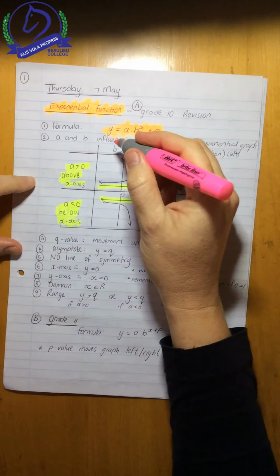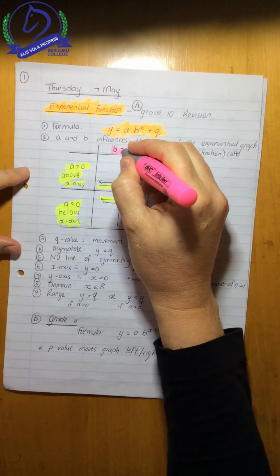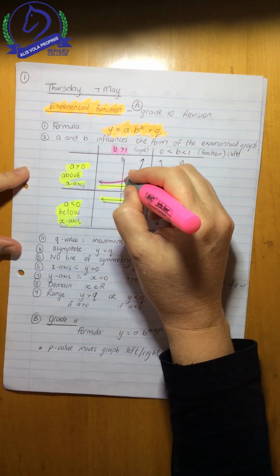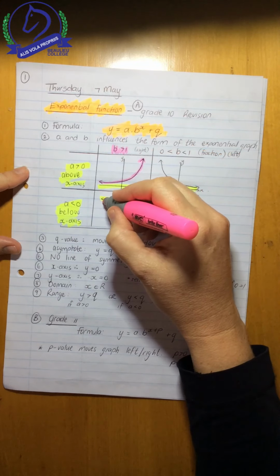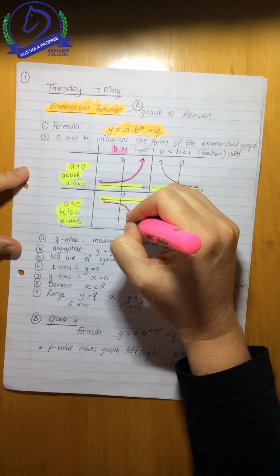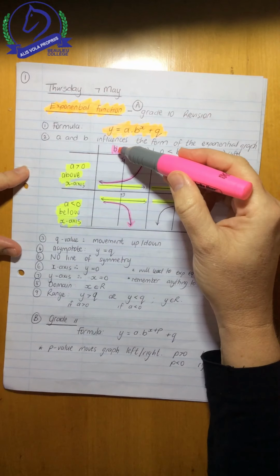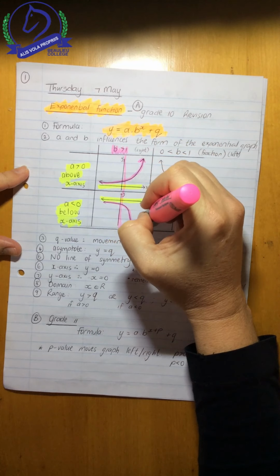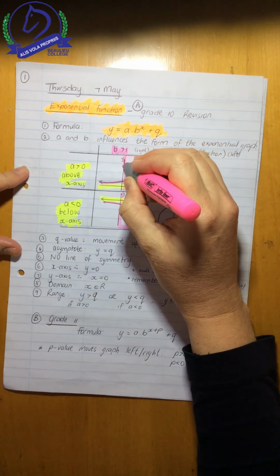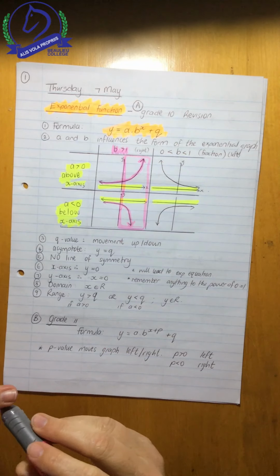Now, if b is greater than 1, it means that it will either peak on the right-hand side or it will go down on the right-hand side. So greater than 1, everything happens on the right-hand side of the Cartesian plane.